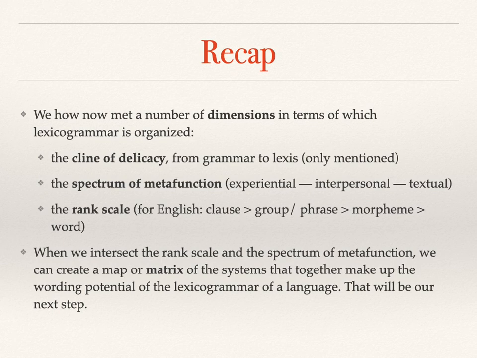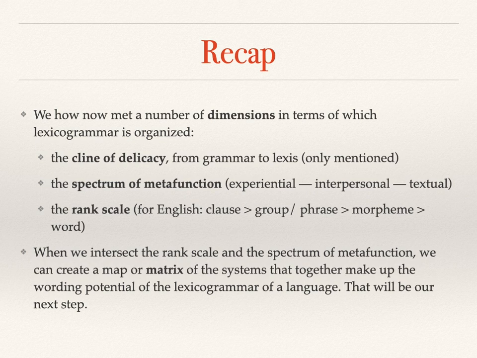So just a quick recap. We've met a number of dimensions in terms of which the lexicogrammar is organized. One rather fleetingly, the kind of delicacy, from grammar to lexis. And I referred to that when I talked about the frequency of grammatical and lexical items. And I said the most frequent items are all grammatical items.